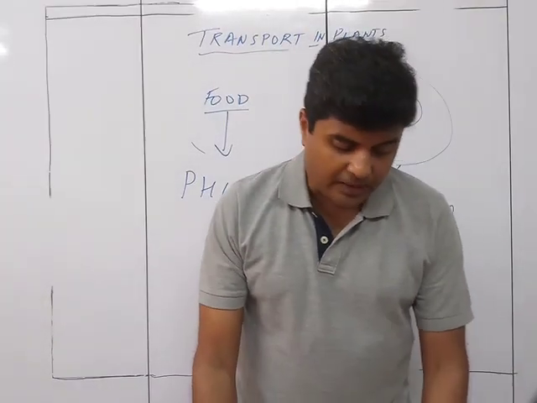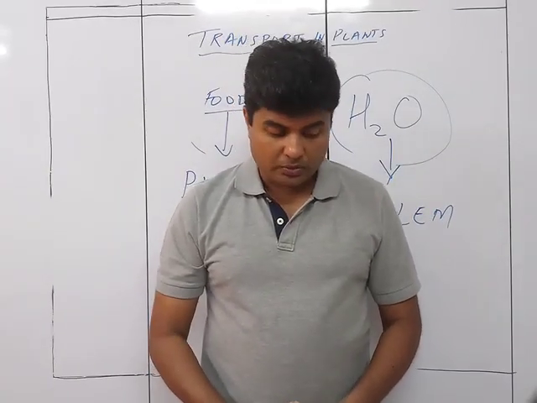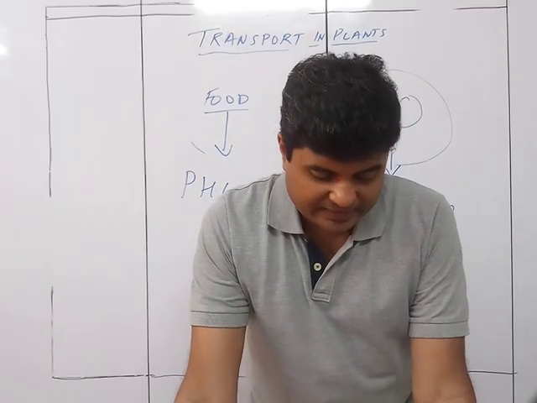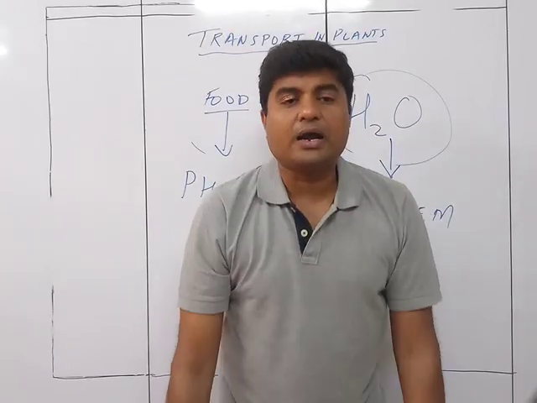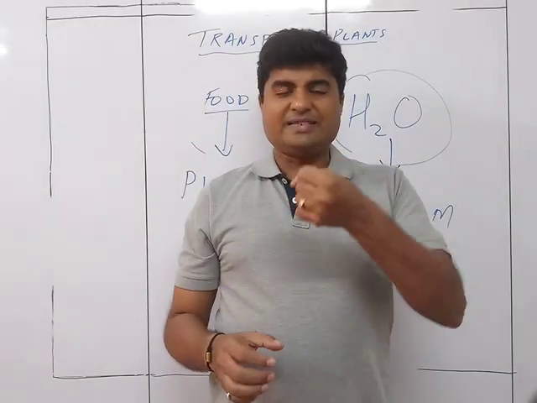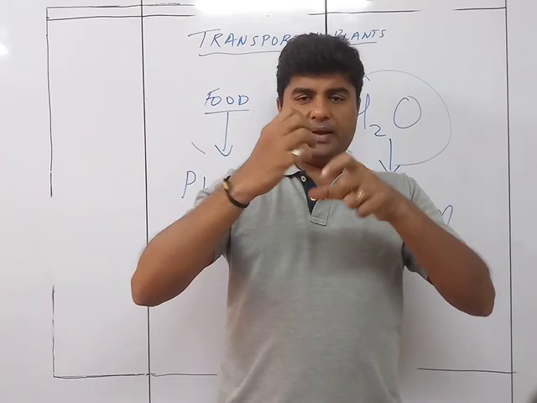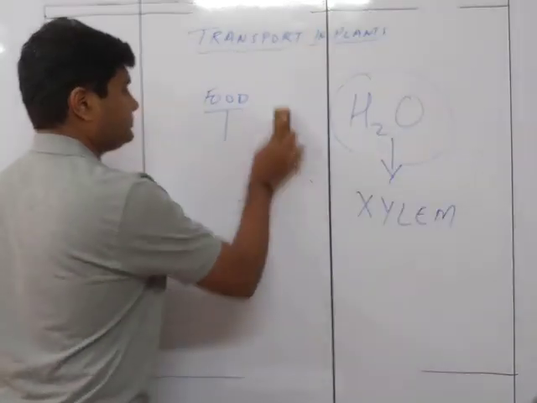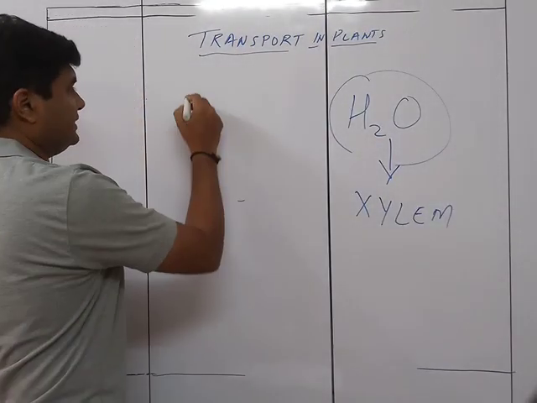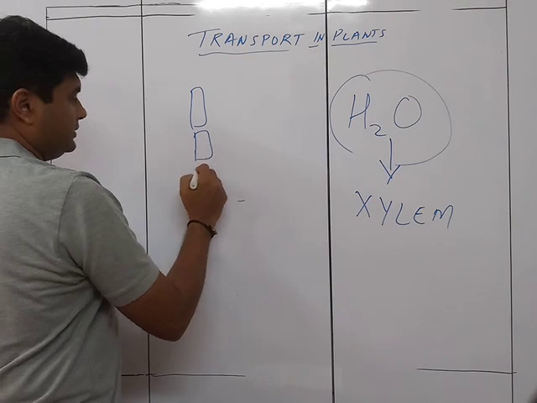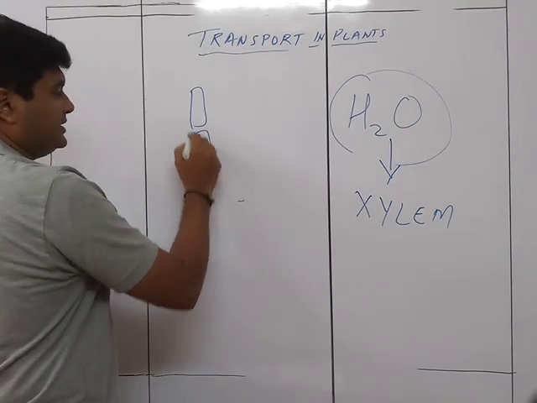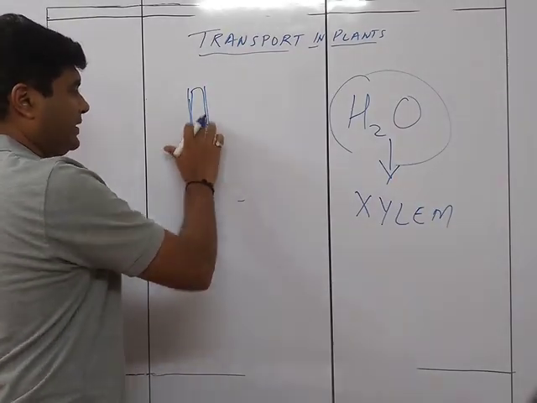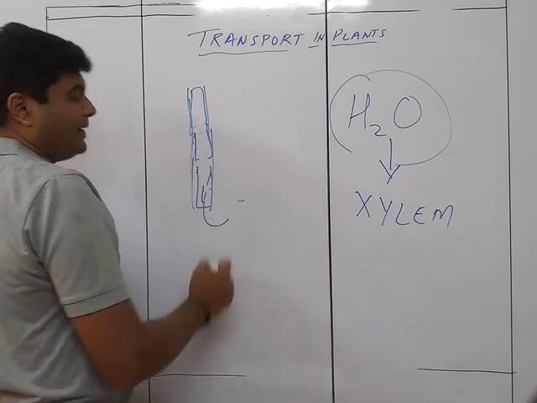If you see a particular xylem vessel, as per the diagram, the first one is the tracheids. Tracheids are elongated dead cells, one cell after another cell. They are elongated cells which get thickened, and their intermediate part is removed so that they form a tube-like structure.